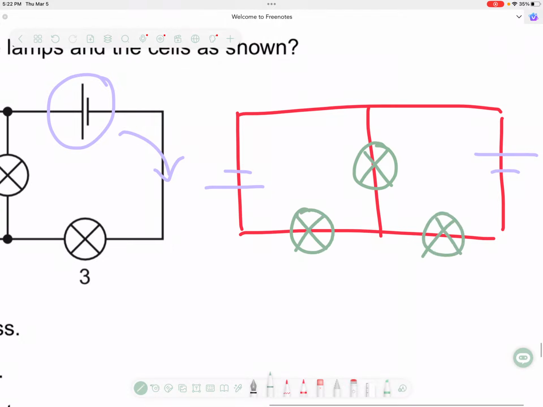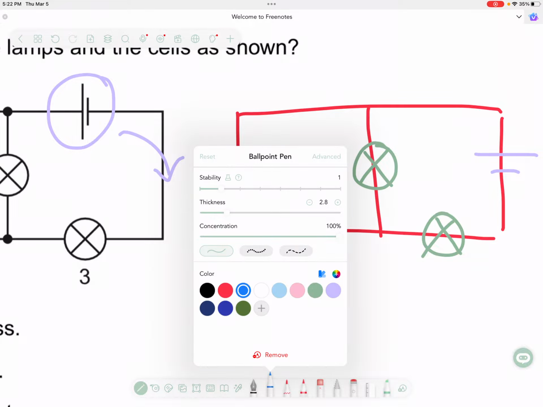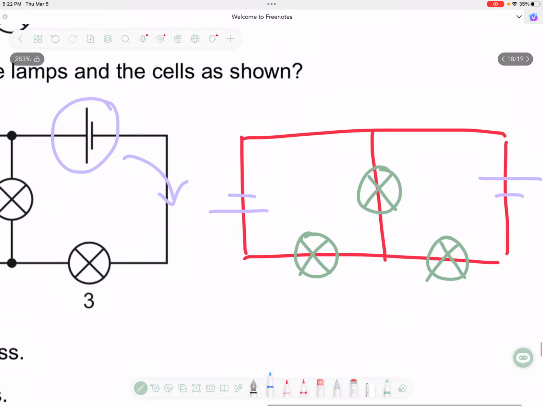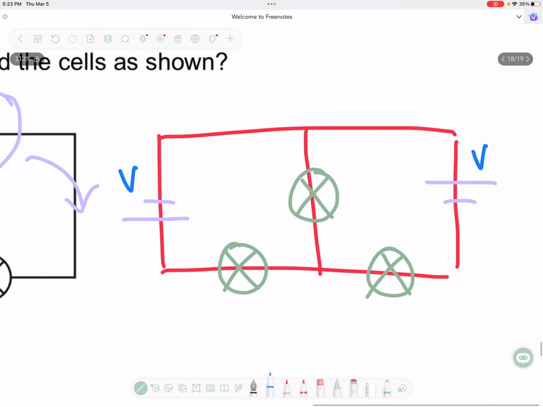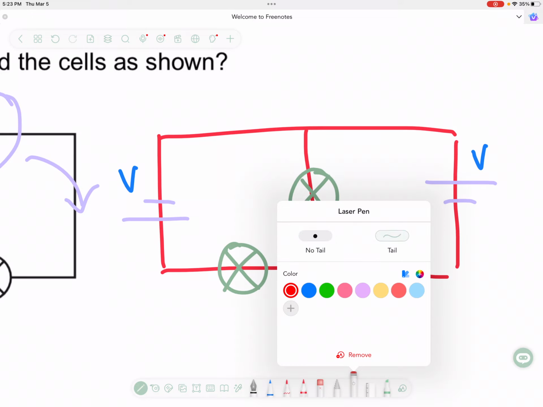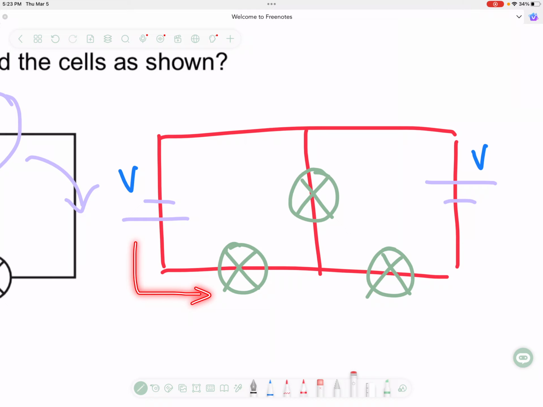Okay. Now, this cell gives out a voltage of V, and this one gives out a voltage of V. Now I want you to imagine that the voltage is going through here and here, from here to here, right?